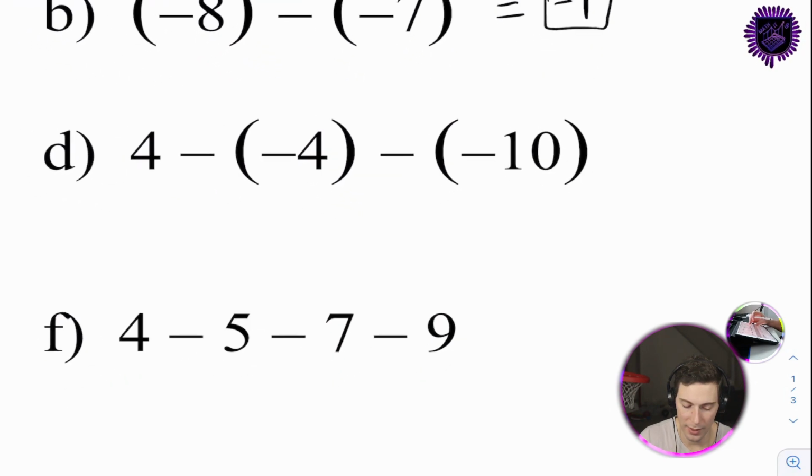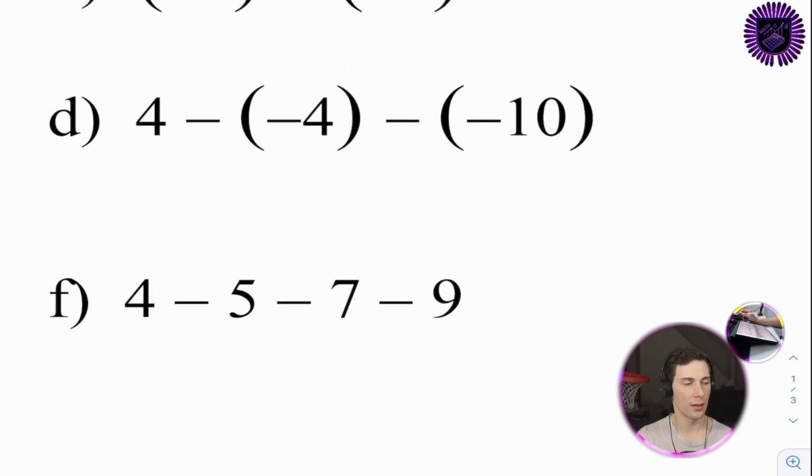Question 2D. Now 2D, minus a negative, and then minus a negative again. All right, so we're going to take these two, and that'll be 8, right? -4 minus -4 is 8. Then we want to take our negative and minus 10 more.